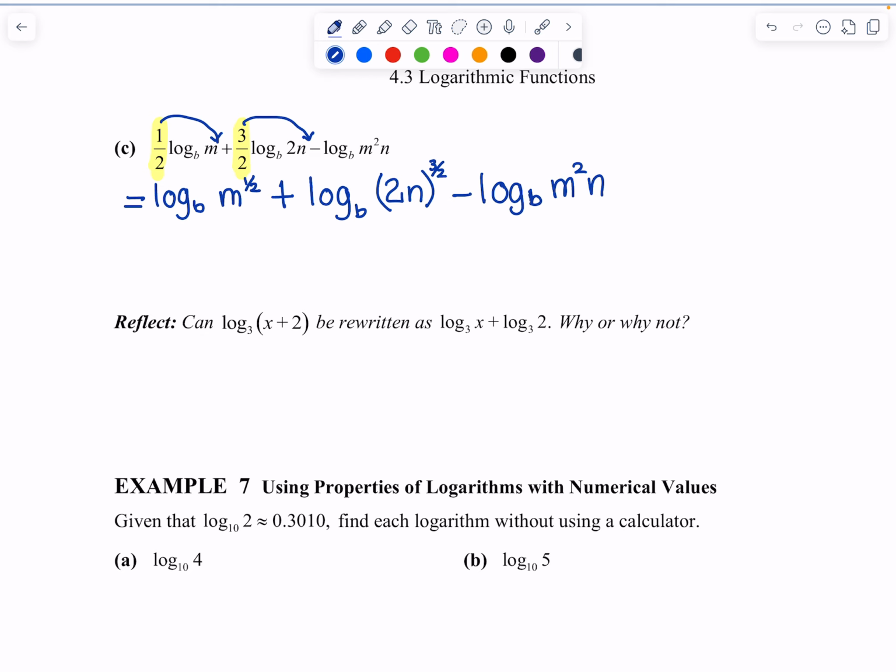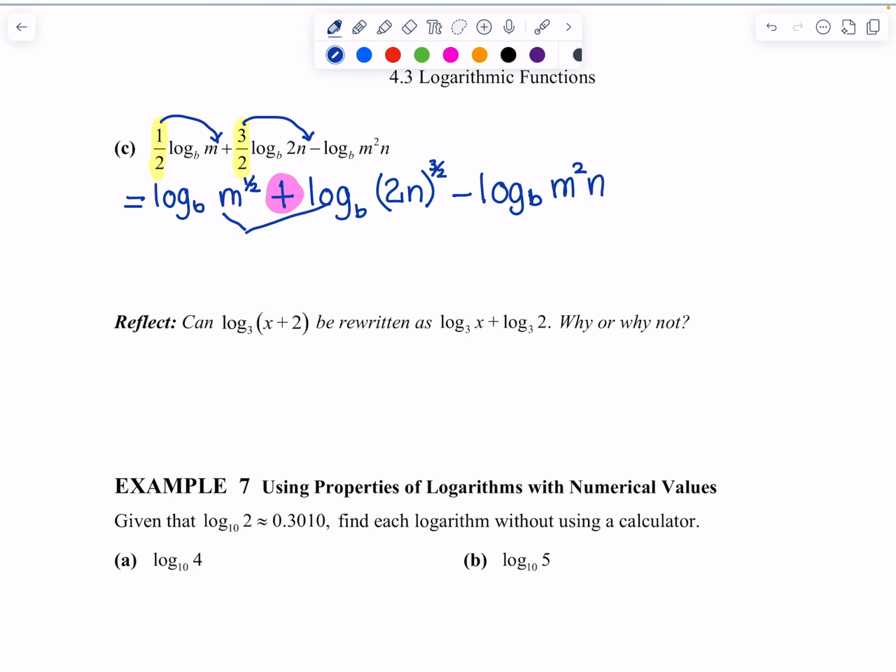Now look at this. Once again, y'all see this right here, addition. What does addition mean? Hope everybody sees multiplication, right? Addition means multiplication. Now, you all, let's put them together.